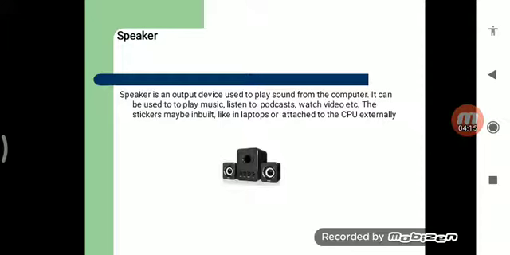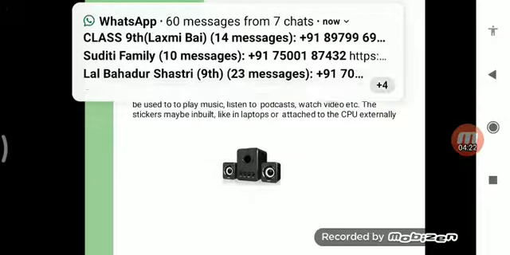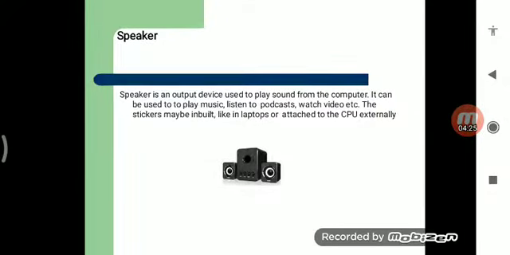Speaker is an output device used to play sound from the computer. It can be used to play music, listen to podcasts, meaning digital audio files, watch video, etc. The speaker may be inbuilt like in laptops or attached to the CPU externally.